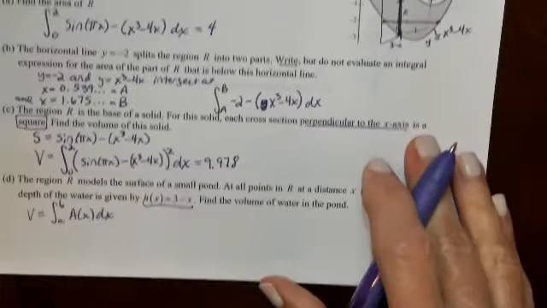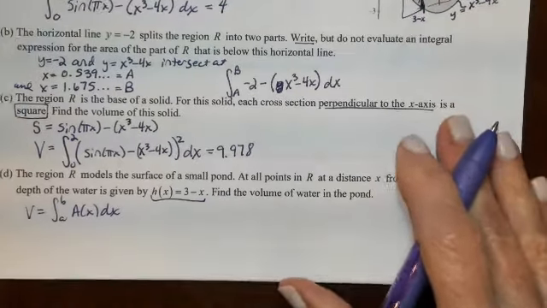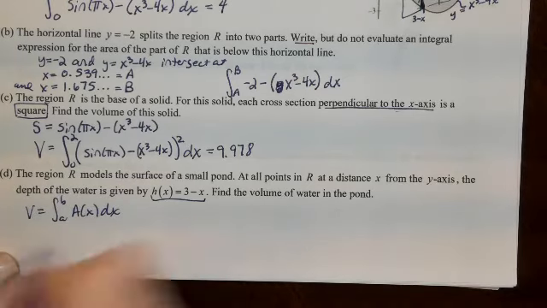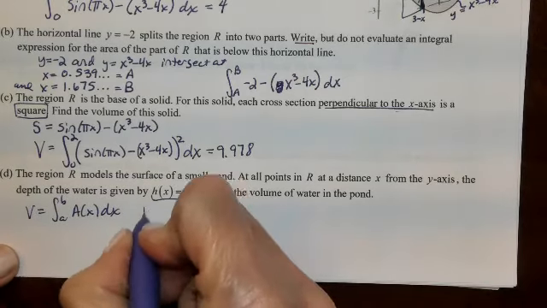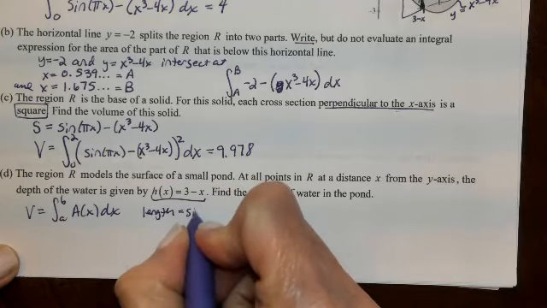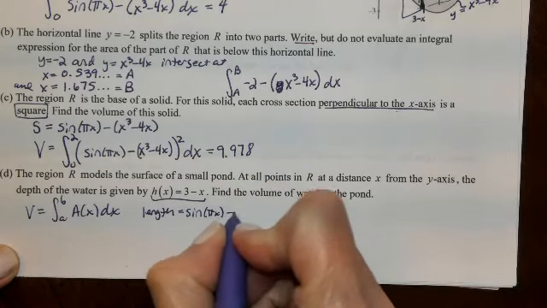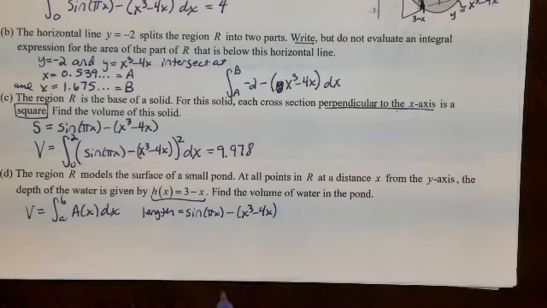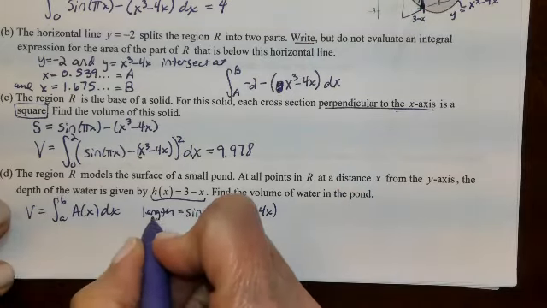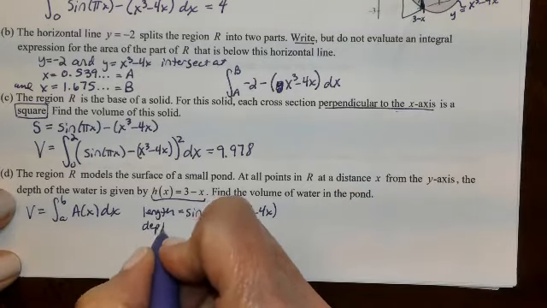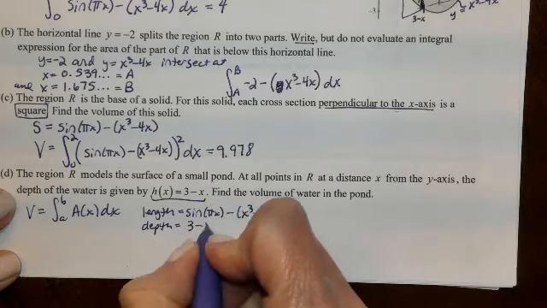The length is top minus bottom, and the depth of that is 3 minus x. So they've given me a little rectangle here, actually. This is just a little rectangle. The area of each of these little rectangles. So the length of the rectangle will be our sine of pi x minus our x cubed minus 4x. That's the length. And the width, or the depth, will be our 3 minus x.